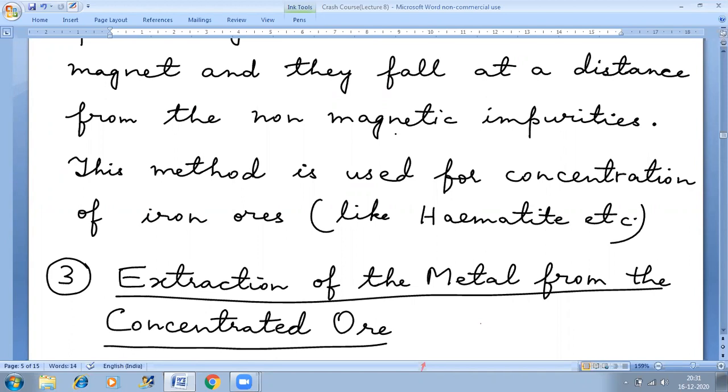The second step under metallurgy was concentration of the ore, under which we studied the three techniques. The third step of metallurgy is extraction of the metal from the concentrated ore. Once the ore has been concentrated, that means once the gangue has been removed, now we will focus on extracting the metal from that particular concentrated ore.